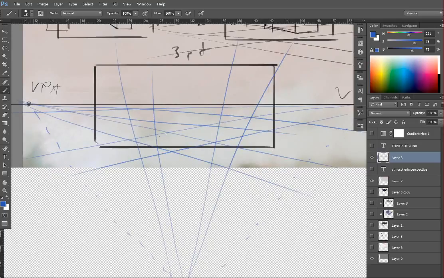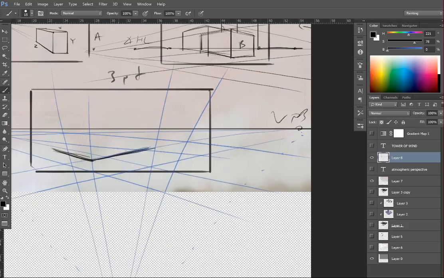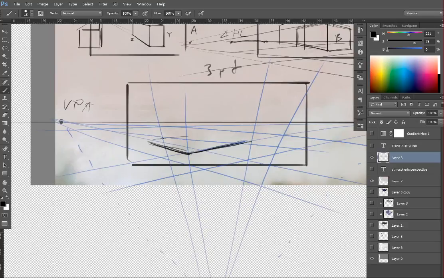For example, I say I want the rooftop of the building to be this length, and then they extend until this. So they follow this VPA. This one follows VPB towards here, and then this one is also parallel, so it follows that point as well, and then this one to this one.